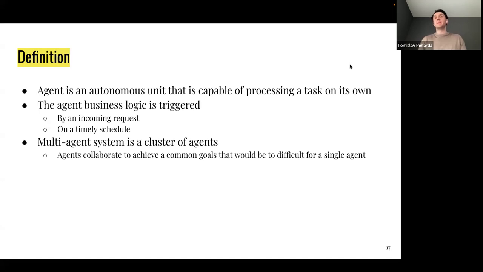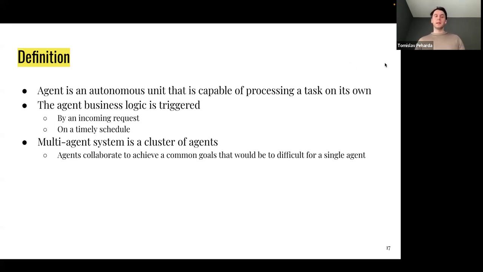Maybe there's a database that it has access to, and at the very end of the day, the agent wants to examine that data and maybe do some operation on top of it. So on a timely schedule means that the agent will trigger itself once a day, or whenever we set it to trigger. Those are two basic approaches to how the agent logic gets executed.